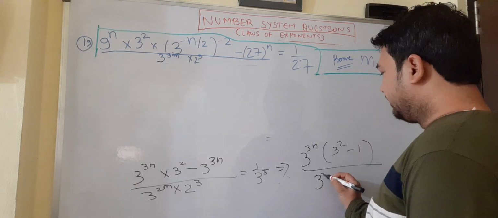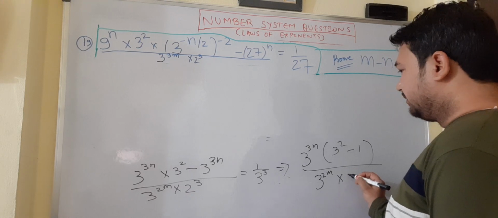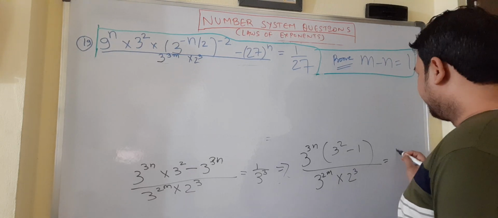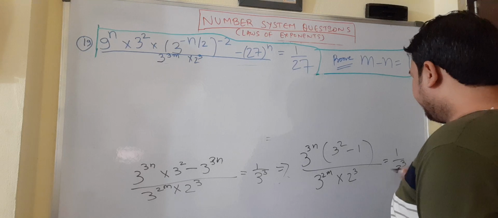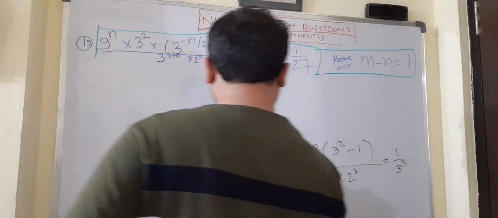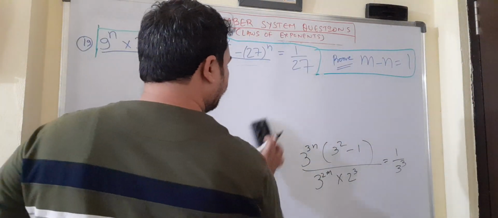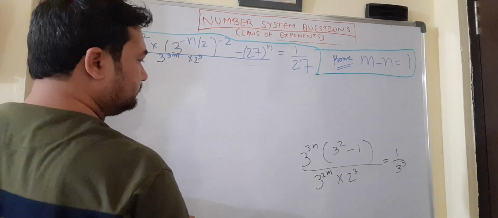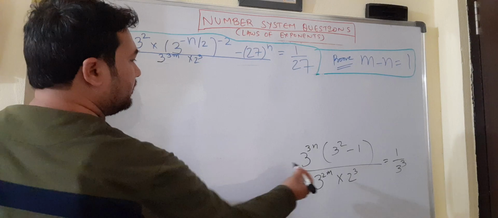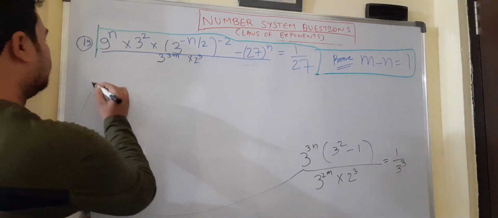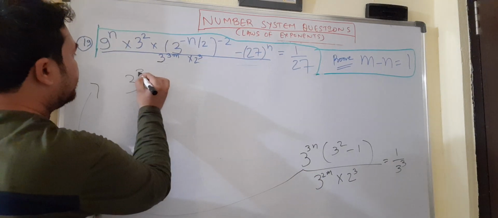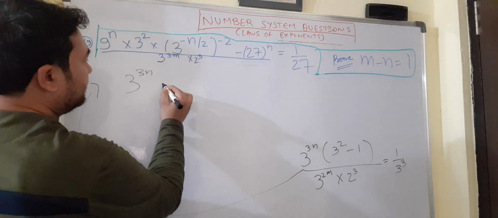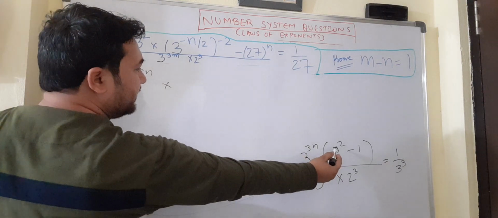This is 3 to the power 2n into 2 to the power 3, and this is equal to 1 by 3 to the power 3. So from here you get 3 to the power 3n into 3 threes are 9 minus 1.